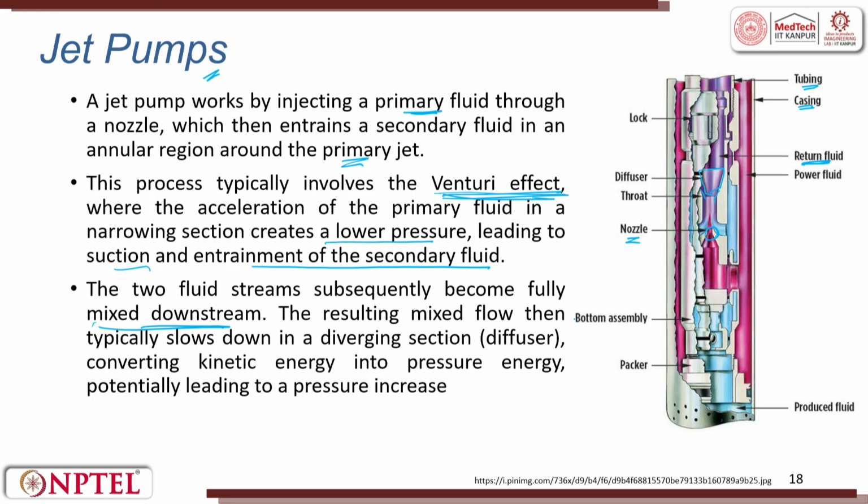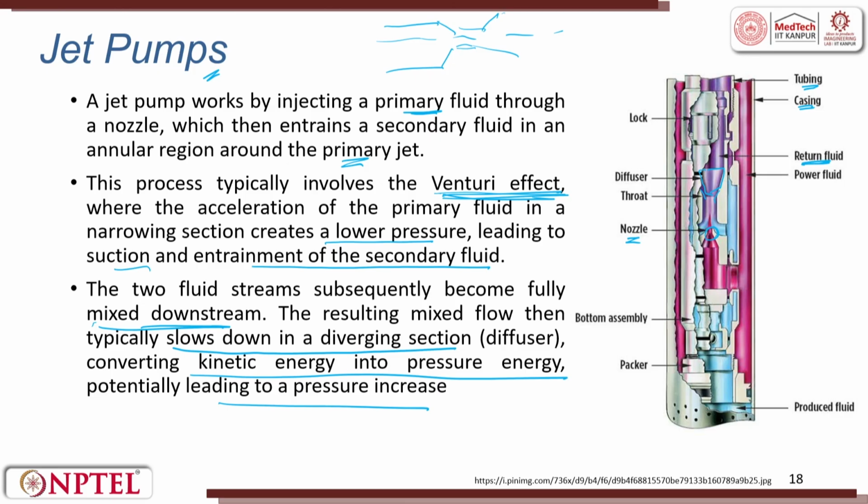The resulting mixed flow then typically slows down in the diverging section. Convergent, divergent, we saw that. This is a nozzle where it is converging, then it is diverging. When it is diverging, it is called a diffuser. So, the diverging section converts the kinetic energy into pressure energy, potentially leading to a pressure increase.